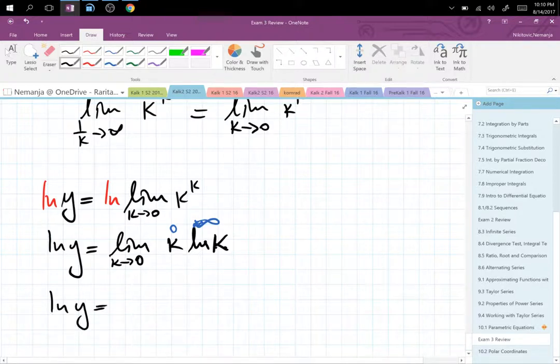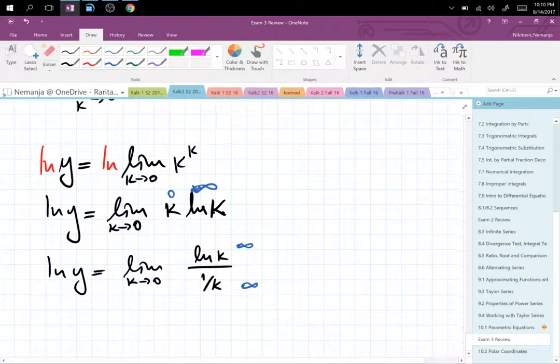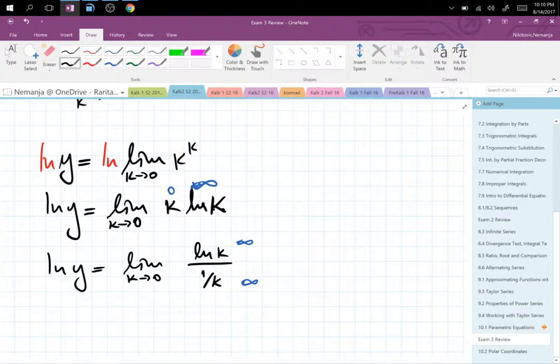So ln y is the limit as k goes to 0 of ln k divided by 1 over k. So now it's infinity over infinity, so we can use L'Hopital's rule.